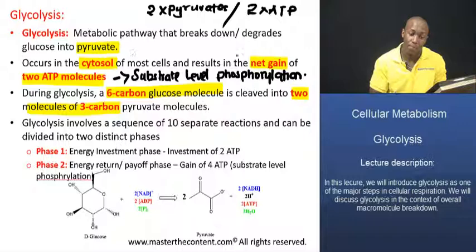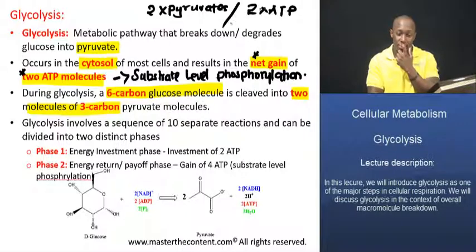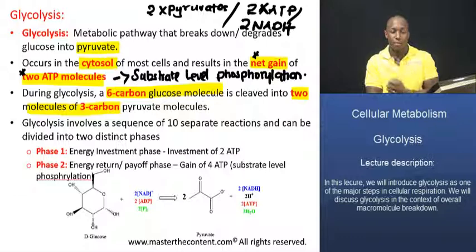A net gain of 2 ATP molecules, substrate level phosphorylation. And we also produce 2 NADH, that powerful reducing agent. So those are the main products of this process. It wouldn't hurt you to commit those to memory. It's really important to know what the net products produced in this process are. A lot of questions are centered around that key piece of information.